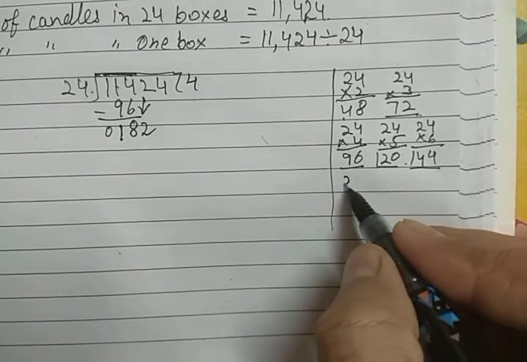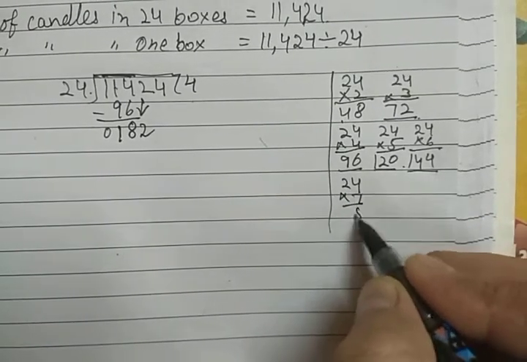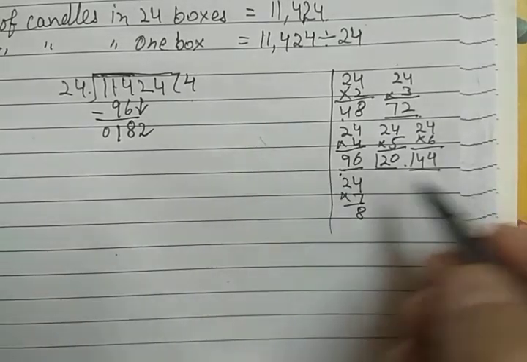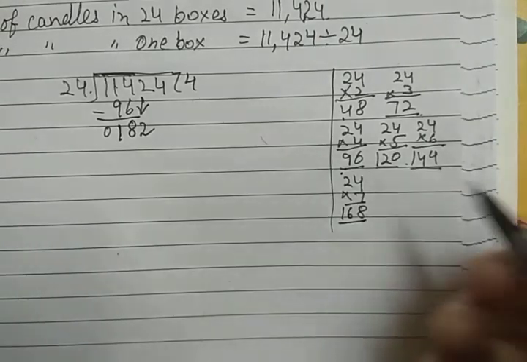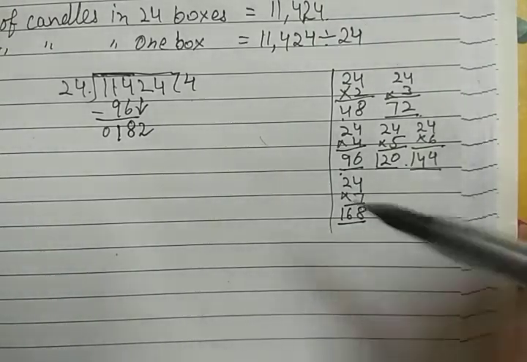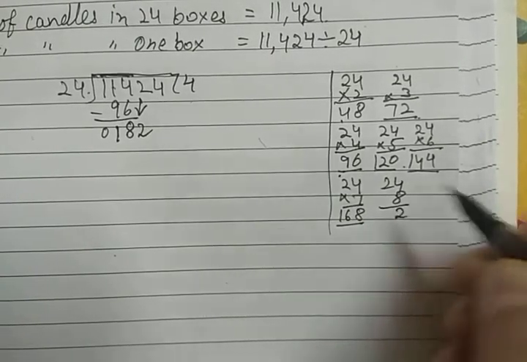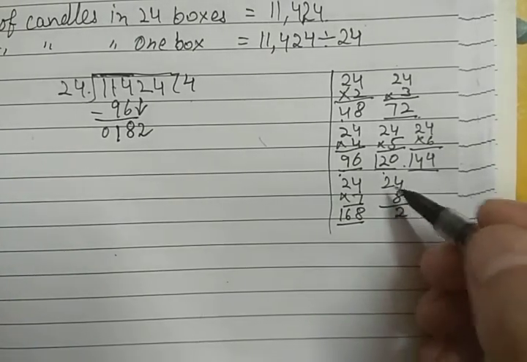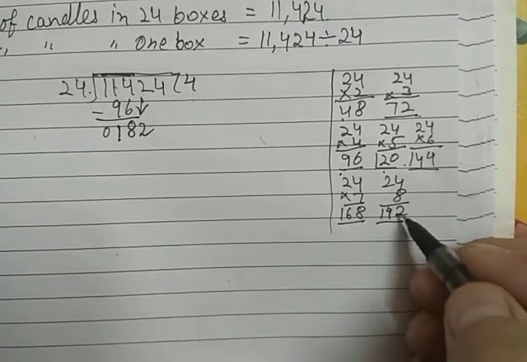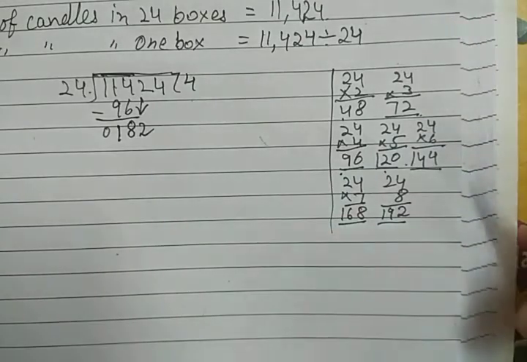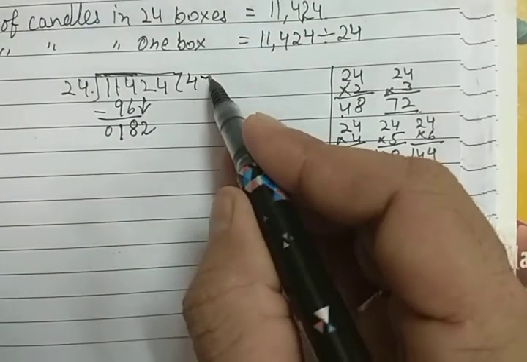Next, 24 sevens: 7 fours are 28, 7 twos are 14, plus 2 is 16, 168. Next is 24 eights: 8 fours are 32, 8 twos are 16, plus 3 is 19, 192. You can see here 192 is greater than 182, so we have to take 24 sevens are 168.